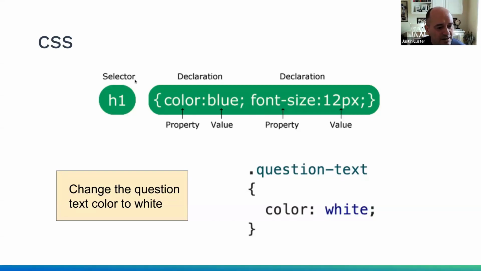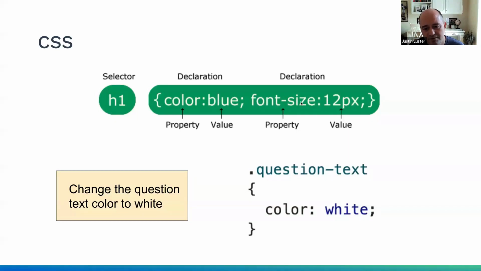If the H1 exists, then you can specify H1, and then say, "Hey, everybody who's an H1, I want to change the text color to blue." Color happens to be text color. So again, property, colon, the value. And then if you want to do another one, it's a semicolon to separate these.